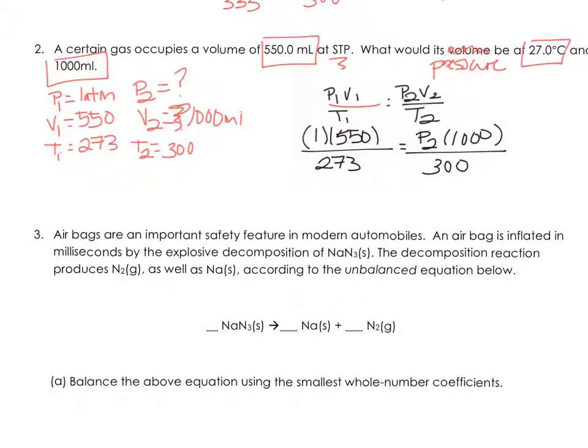So I want to simplify this side first. 550 divided by 273, then multiply over the 300, so times 300, and then divide by 1,000 to isolate my P2. And that means my P2 will be equal to 0.604 atmospheres.